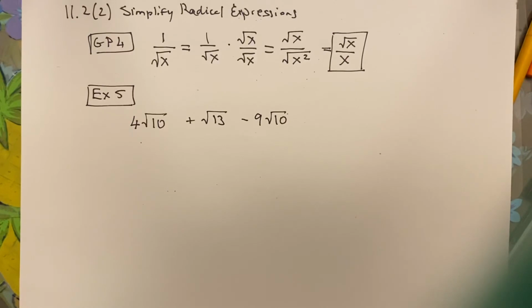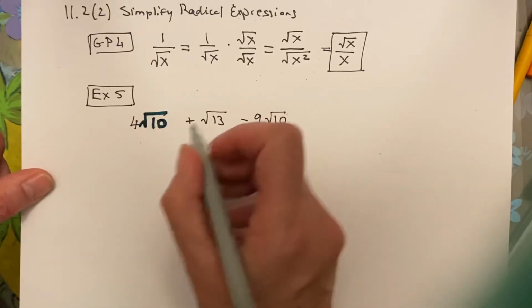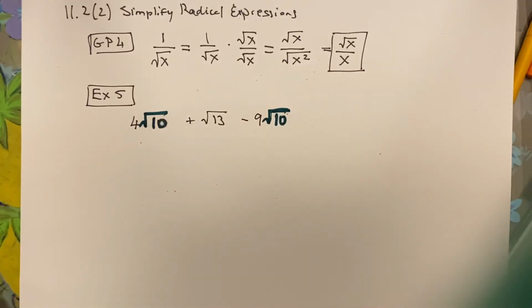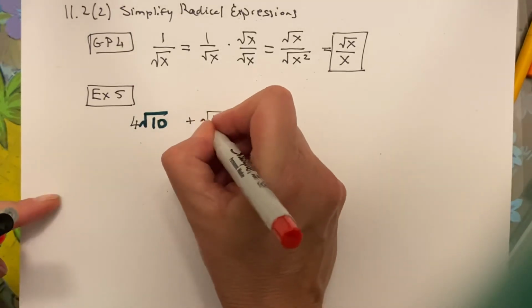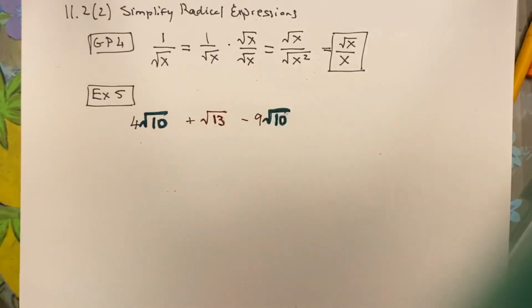What you need to do with radicals is basically pretend that they're like variables. So I'm going to make the square root of 10 in green and this square root of 10 in green, right? Because they're really the same thing. And this square root of 13, I'm going to put in red or red-black since I have a lot of black.